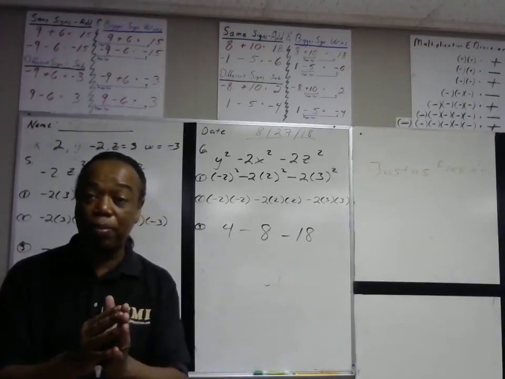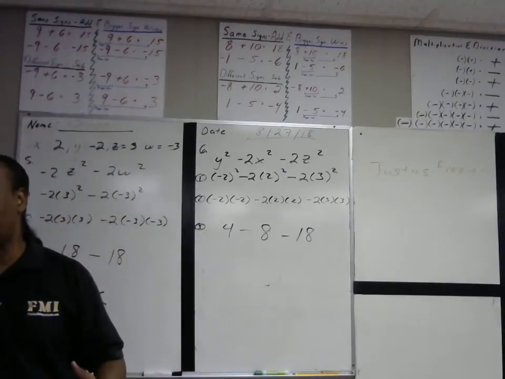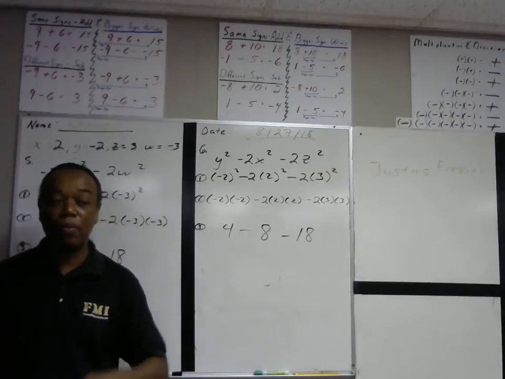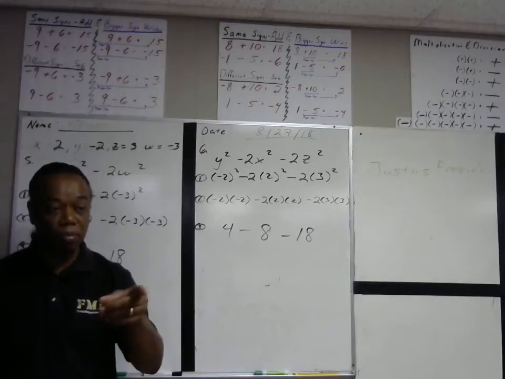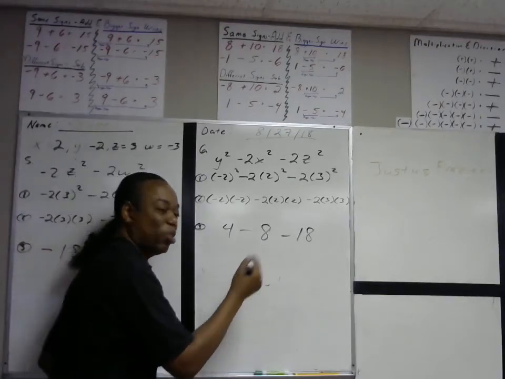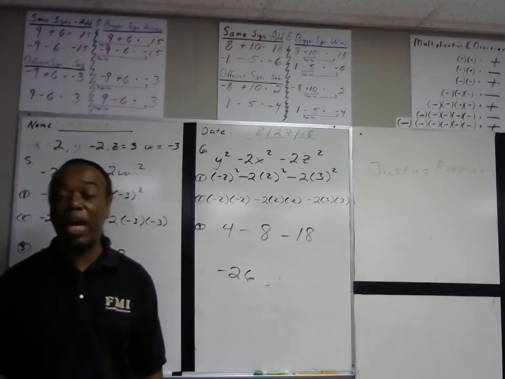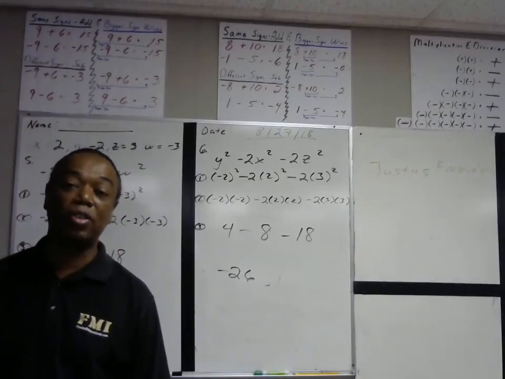What happens when you add an 8 and an 18? 26. Exactly right. So you put the -8 and the -18 together, you will get a -26.